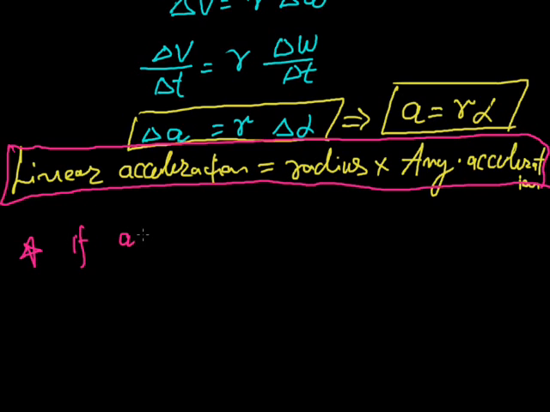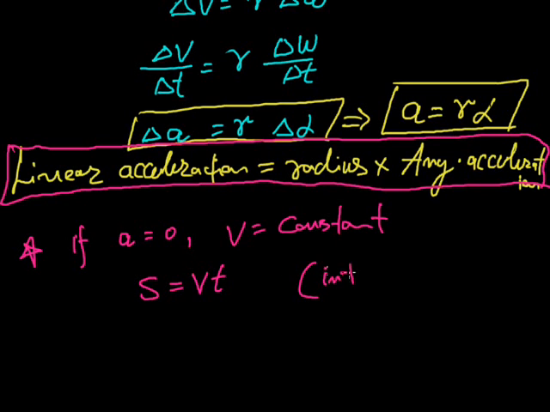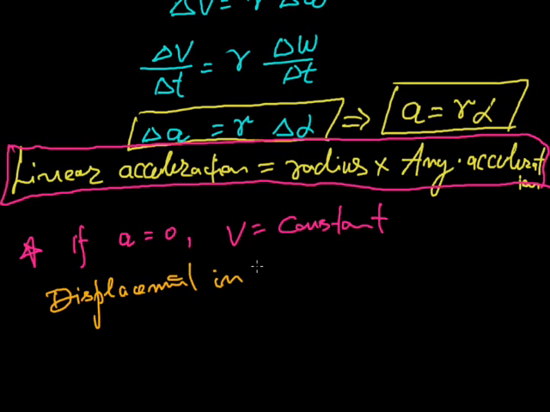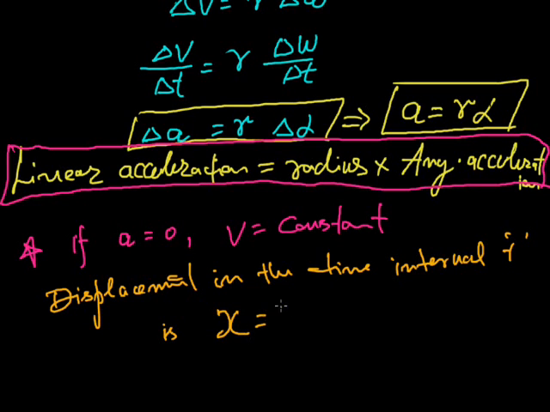If a is equal to 0 and v is constant, then displacement s will be equal to v into t, in the time interval t.